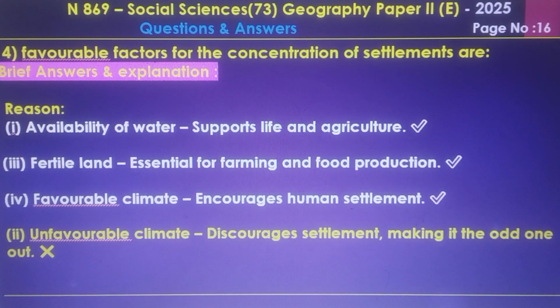The reasons: availability of water supports life and agriculture, fertile land is essential for farming and food production, and favorable climate encourages human settlement. Unfavorable climate discourages settlement, making it the odd one out.